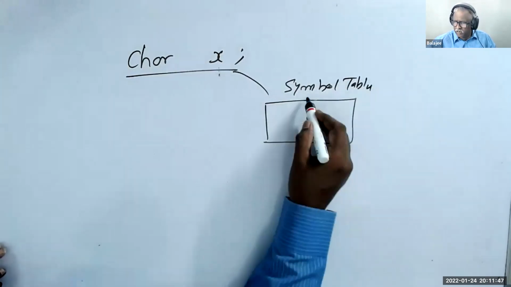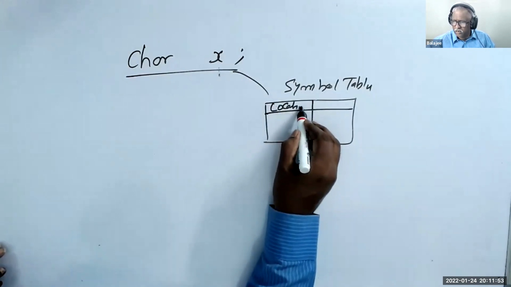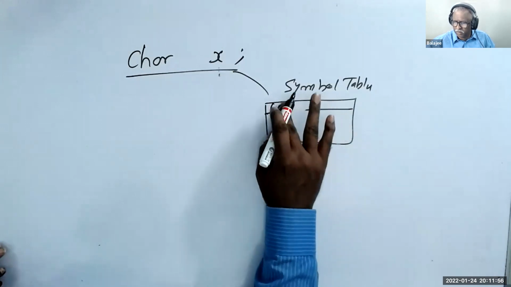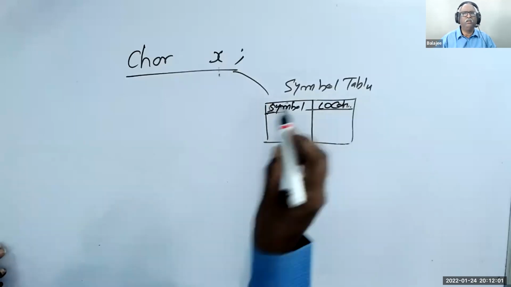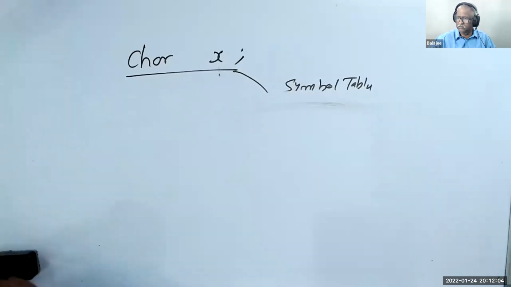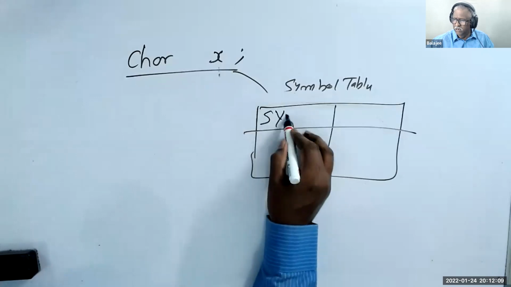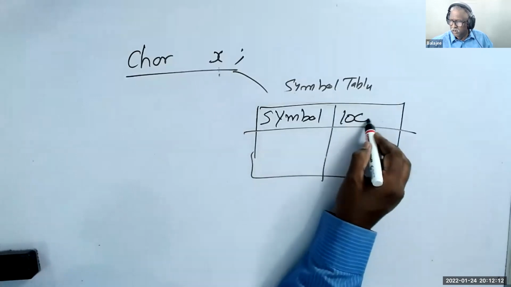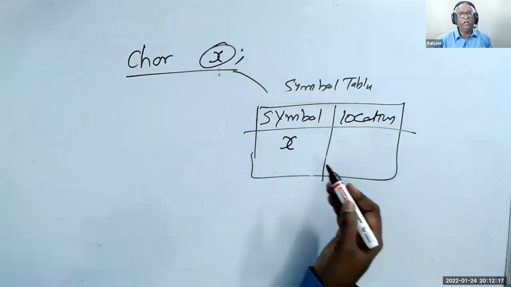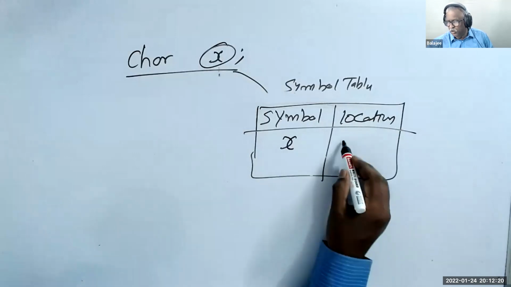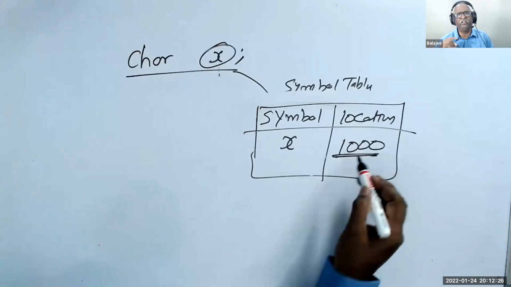In the symbol table, there is the symbol and the location. So what's the symbol here? x. The location, the compiler will allocate itself. You cannot allocate. Please understand, the compiler will allocate this address. You cannot do anything here.